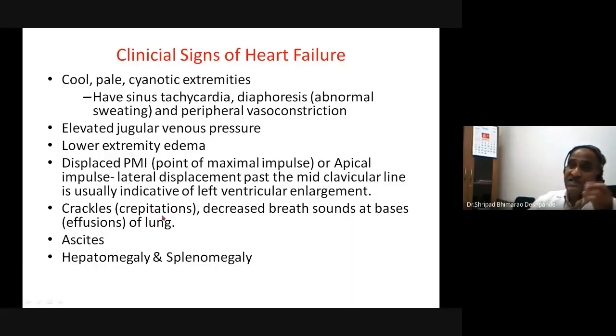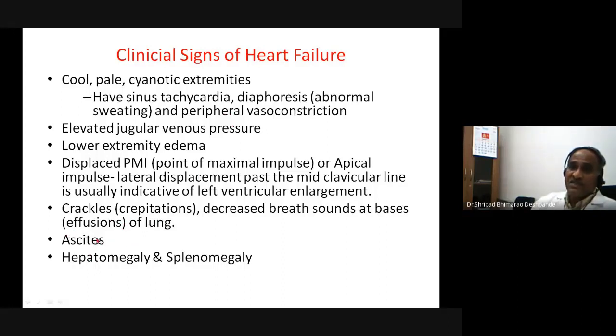Those typical crackles, like water bubbling, are heard by auscultation. And by percussion, you may find effusion, or hydrothorax, the pleural effusion on the side, because of fluid accumulation.